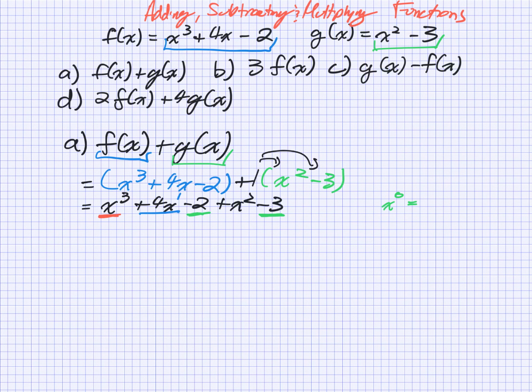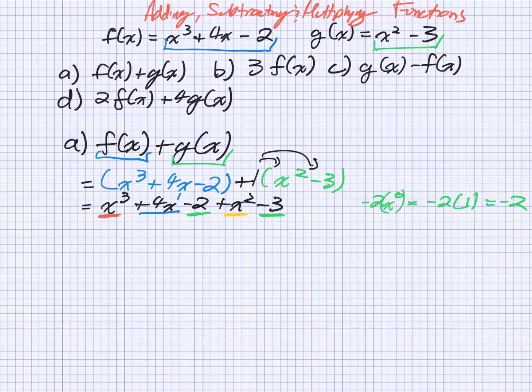Do you know what any number to the power of 0 ends up being? 0? Close. Or 1? Yes. So if x to the power of 0 is 1, think of it as negative 2 times 1, which is equal to negative 2. So you could always think of a constant as a coefficient of a variable to the power of 0, but that can be a bit confusing. So don't worry about it. If you see the constant, just leave it as is.